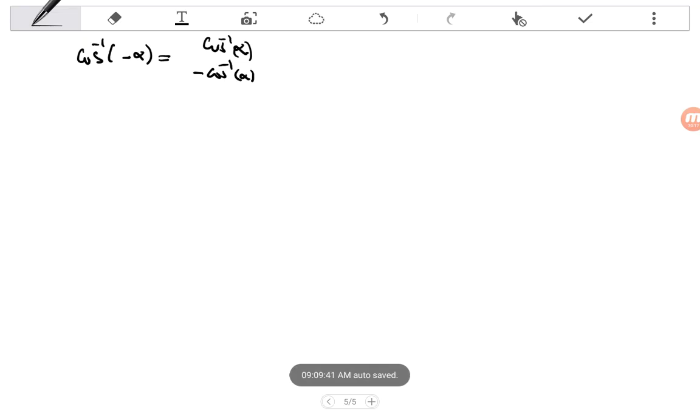It would be neither of these two. It is not equal to any of these. Why? Because it is neither even nor odd. So it doesn't satisfy the rules for even and odd functions.